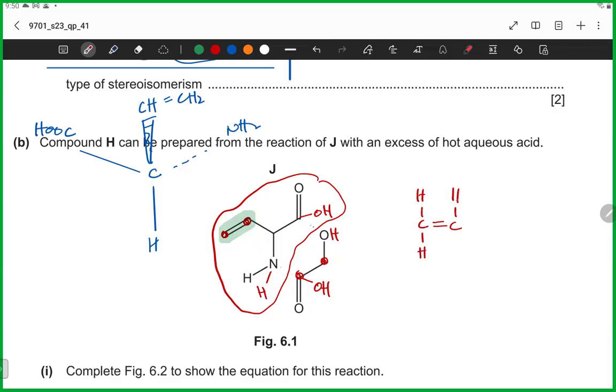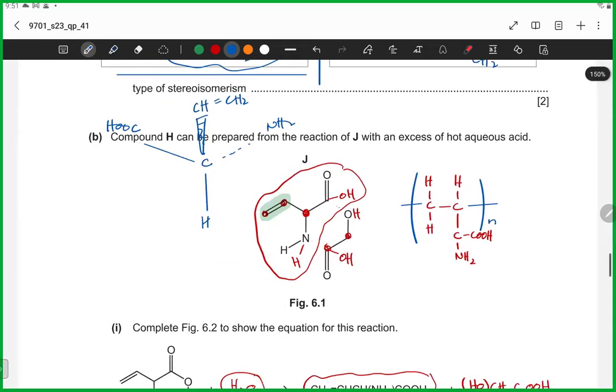The second carbon atom has an H, and it has this entire thing attached to it: a carbon that has a carboxylic acid and also NH2. How would it form the addition polymer? The double bond would break and it will start forming linkages with similar molecules. That's your addition polymer.